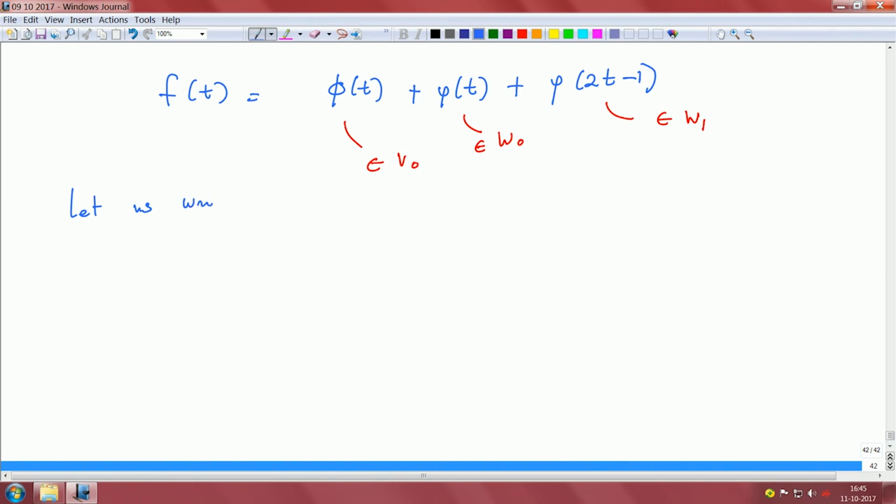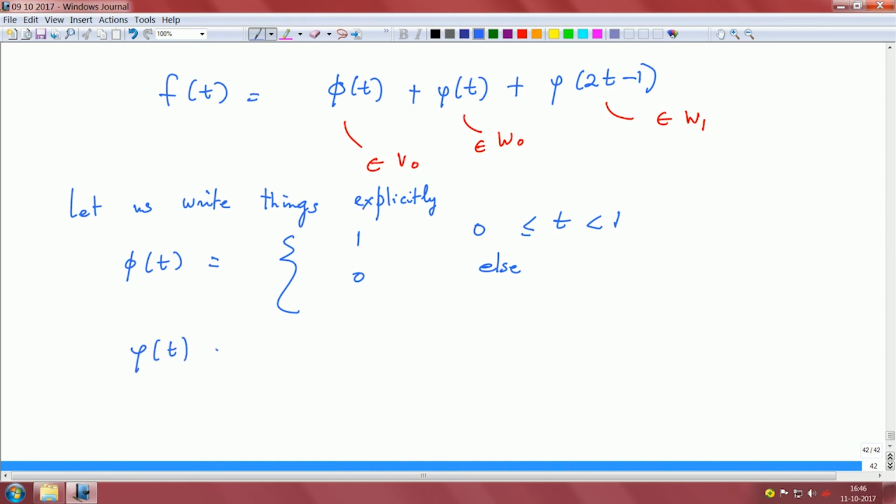Let us write things explicitly. So, now phi of t, how does this function look? This is 1 for 0 less than or equal to t less than 1, 0 else.